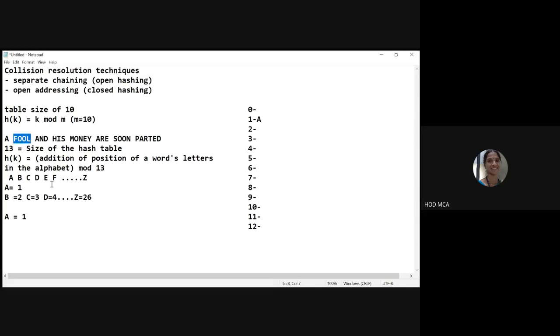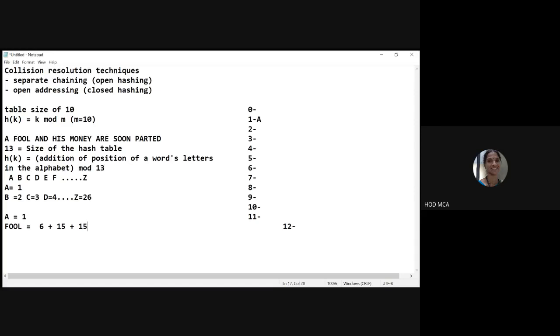The second word is fool. How are you going to calculate fool? What is the position of F? 1, 2, 3, 4, 5, 6. Correct? So F is 6. 6 plus O is 15. If you want, you can calculate and see.